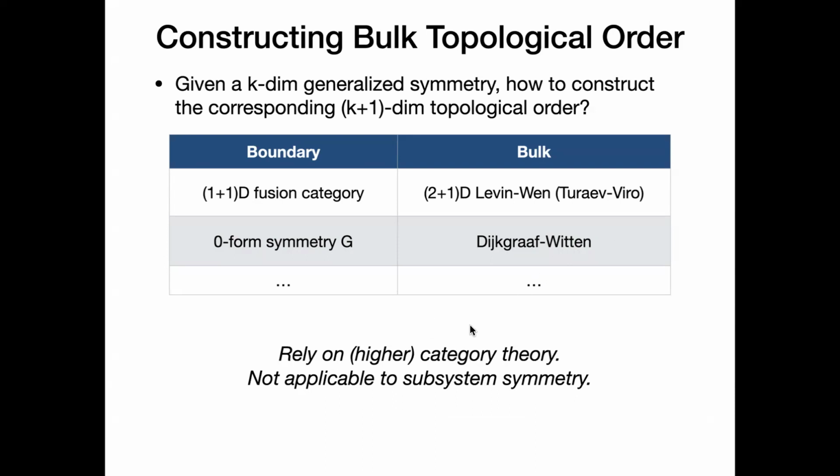Okay, and this motivates the work, the result of what we did in this work. Here, I propose a new method that can produce a k plus one dimensional lattice topological order from a k dimensional lattice symmetry.